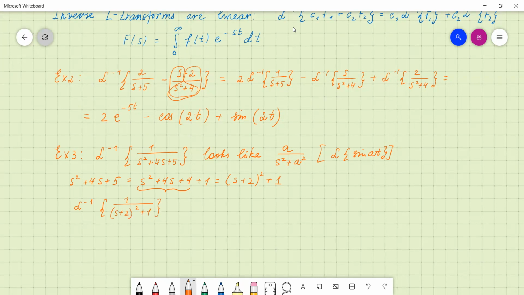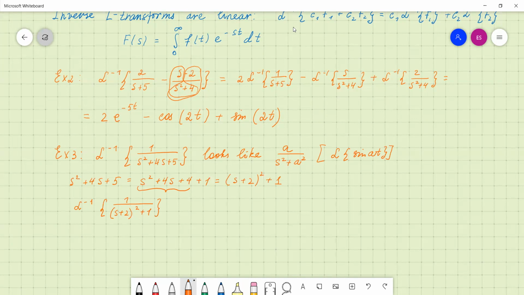Now it looks exactly like sine of at, but we do have over here, instead of s, like over here is s supposed to be just s, right? We have s plus 2. We do remember that this happens when we shift the function, right? The shift over here is going to be reflected as multiplication by an exponential function.